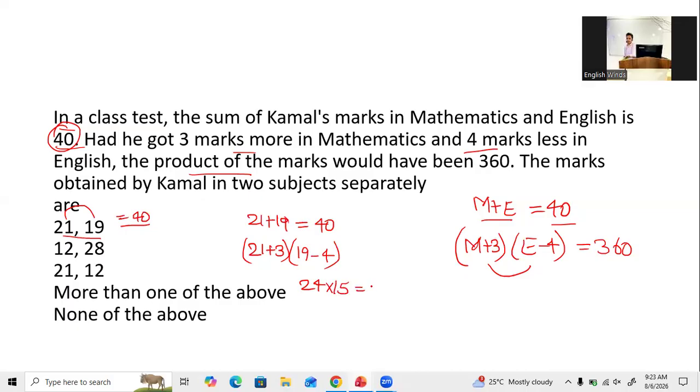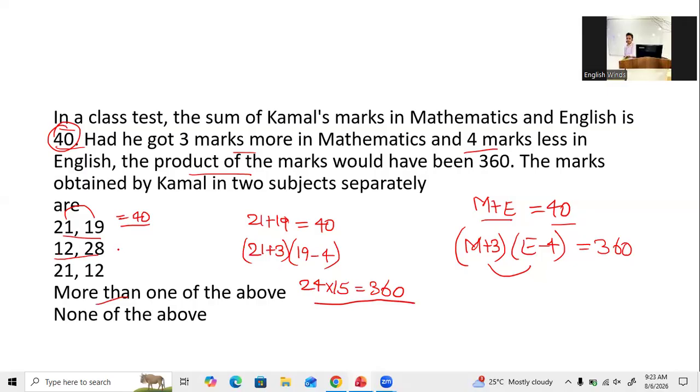How much will you get? You'll get 360. Let me check once. Yes. So the first option is correct, but it doesn't mean it is the only one. We need to check, because there is more than one correct option.